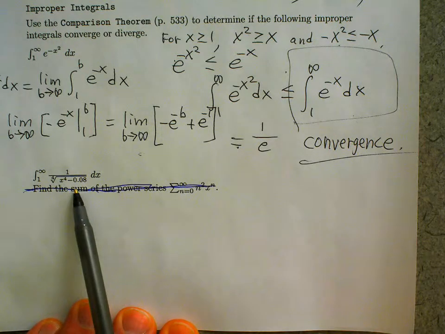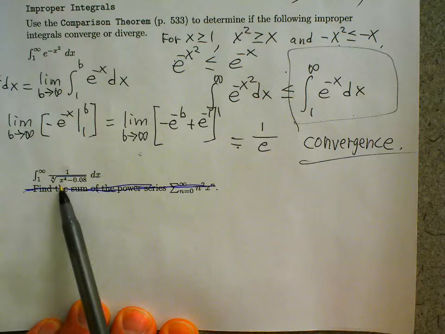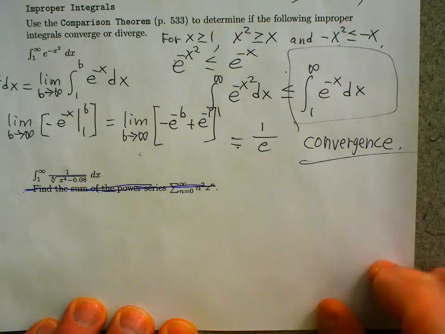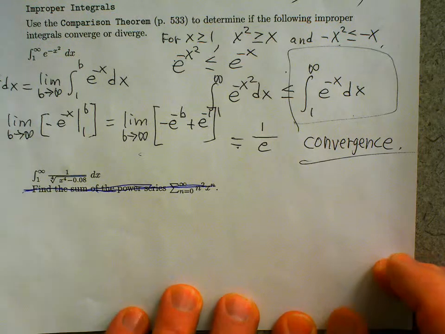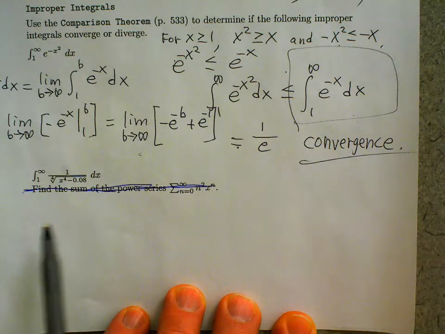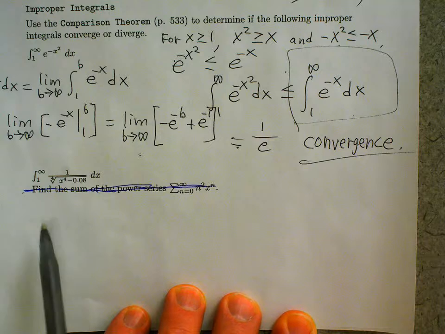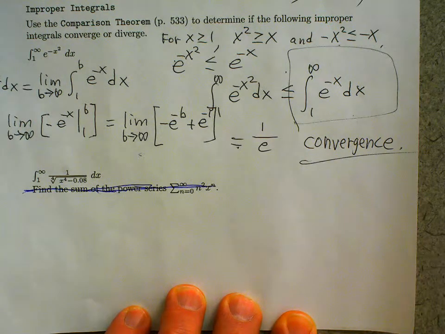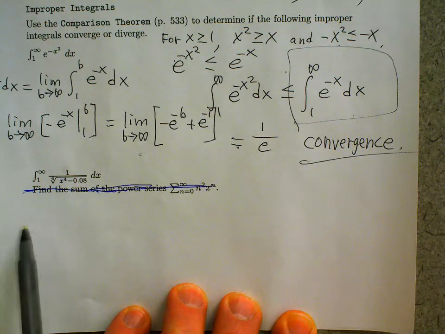The integrand is 1 over the 4th root of x to the 4th minus 0.08. So the 4th root of x to the 4th is x. So this looks like we should be able to compare it with the improper integral of 1 over x.